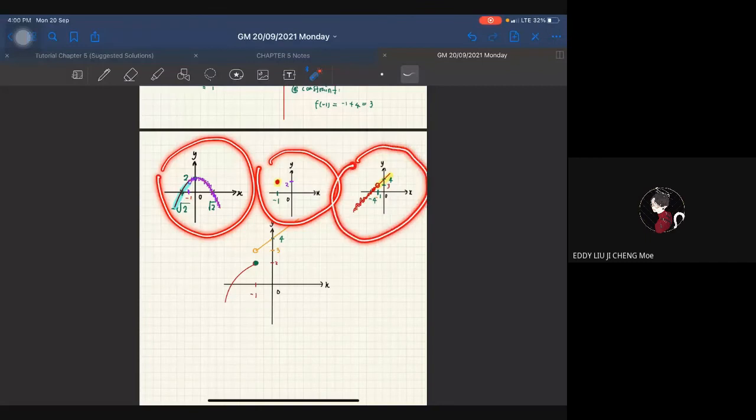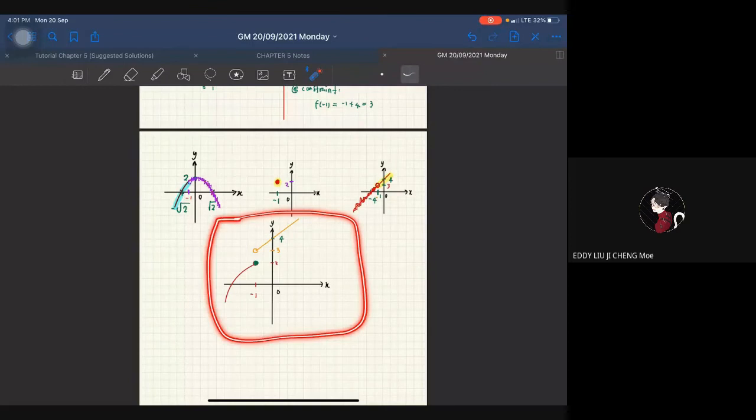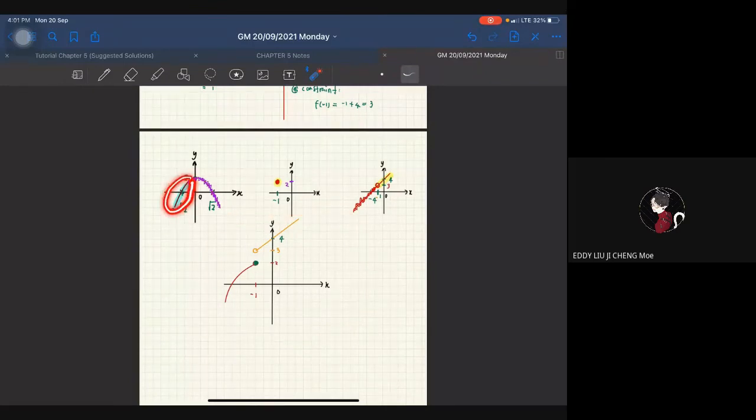So daripada ketiga-tiga ni, awak kena combinekan dia hanya jadi satu paksi sahaja. So awak kena masuklah this one yang warna biru ni, jadikan dia dekat sini. Okay, yang this one yang saya dot ni, dia dekat sini. And then this one yang warna kuning ni, dia dekat sini. Okay, so kita gabungkan sahaja apa yang kita dah cari awal-awal tadi. Boleh ke ini?